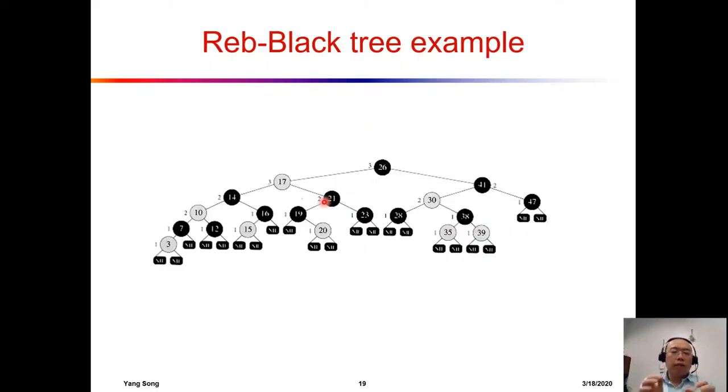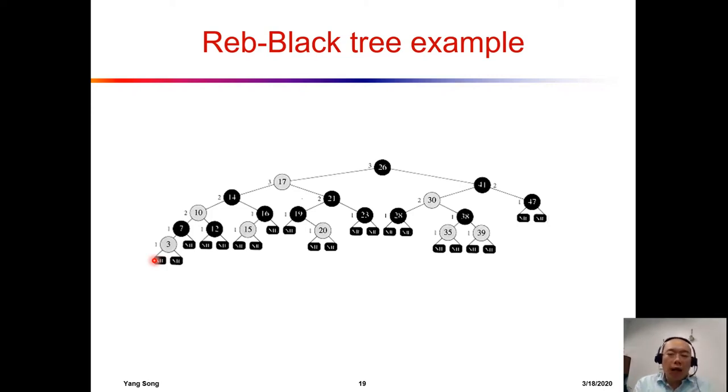The longest distance from a node down to a possible leaf will be something like this: a black node followed by a red node followed by another black, another red, another black, another red, another black. That is the longest possible path from the root down to a leaf.